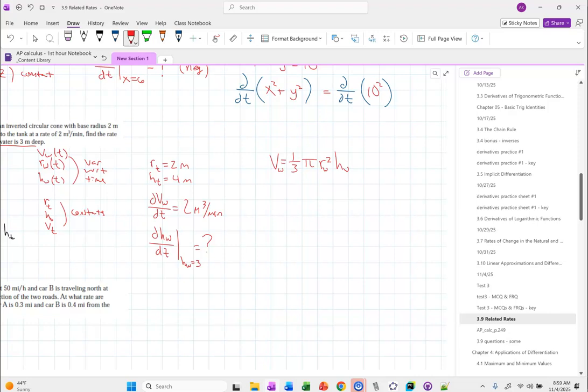And we're going to just say that's the cone of water, because why would I differentiate the cone-shaped tank since it's all constants? It would just be 0 equals 0, and that doesn't really do much for me. The next step would be to differentiate both sides.